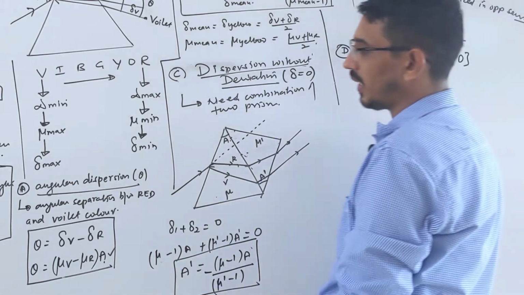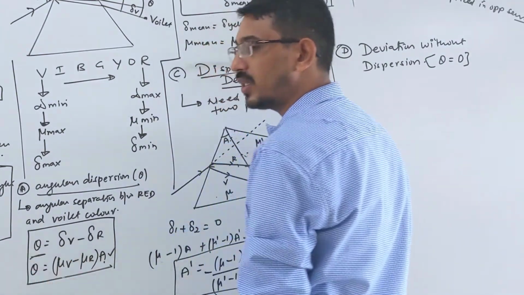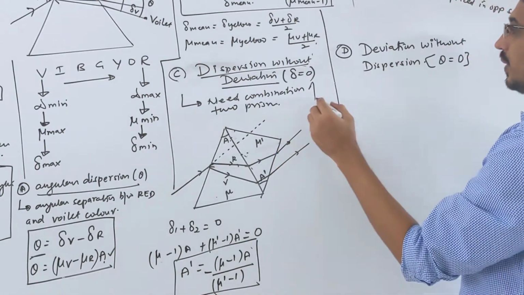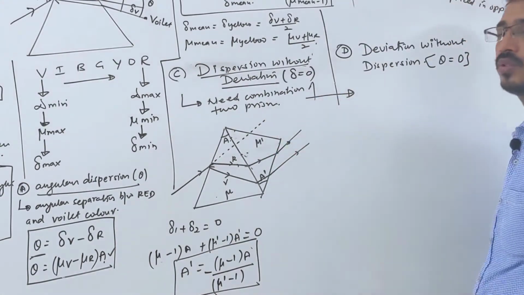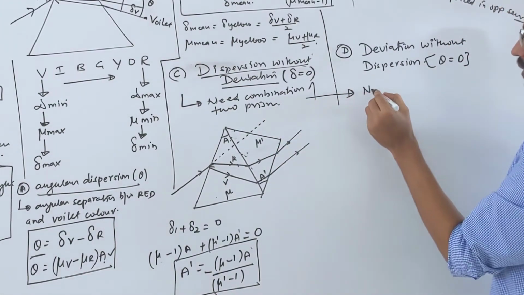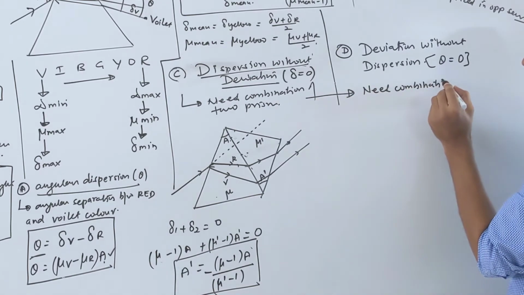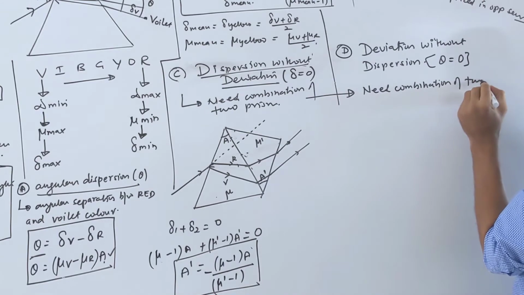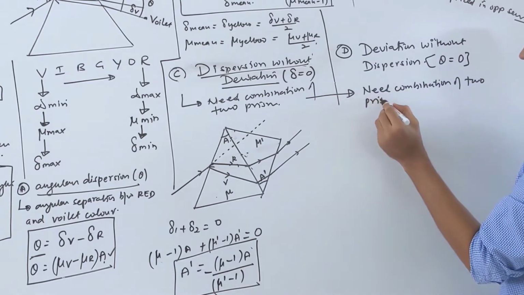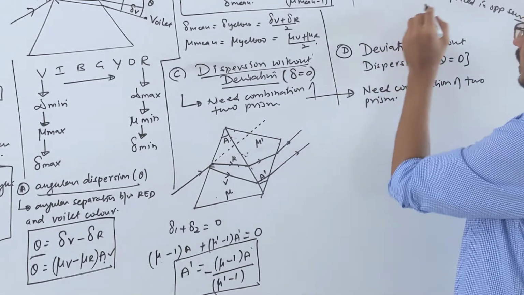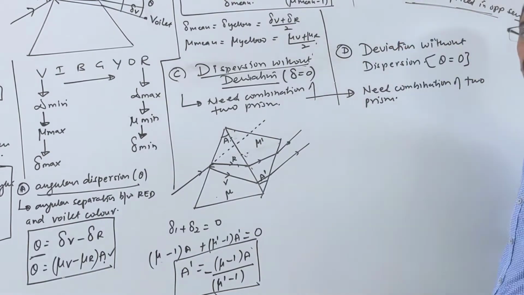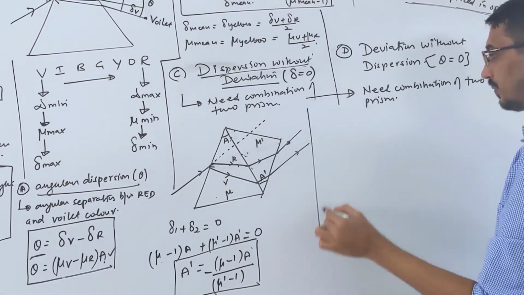You don't want angular dispersion. So again we need a combination of two prisms, and they are arranged in opposite sense. Let's draw it here.